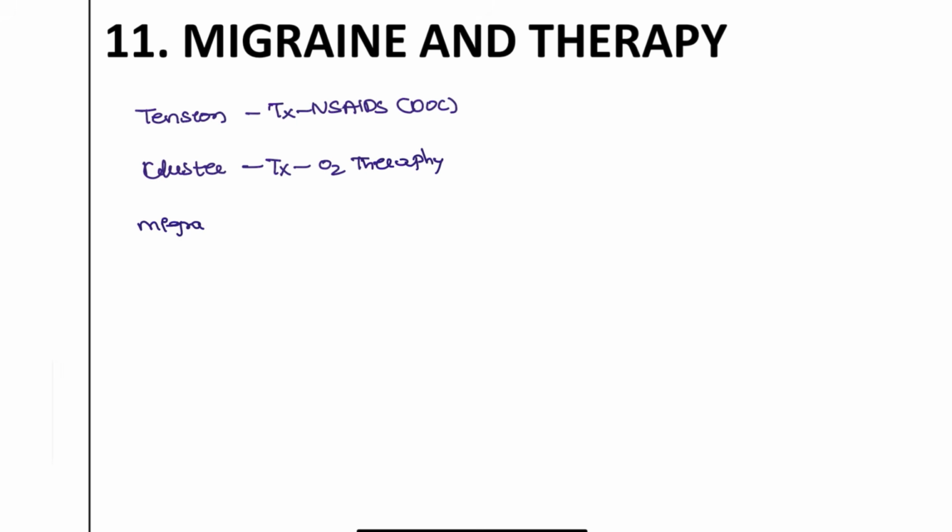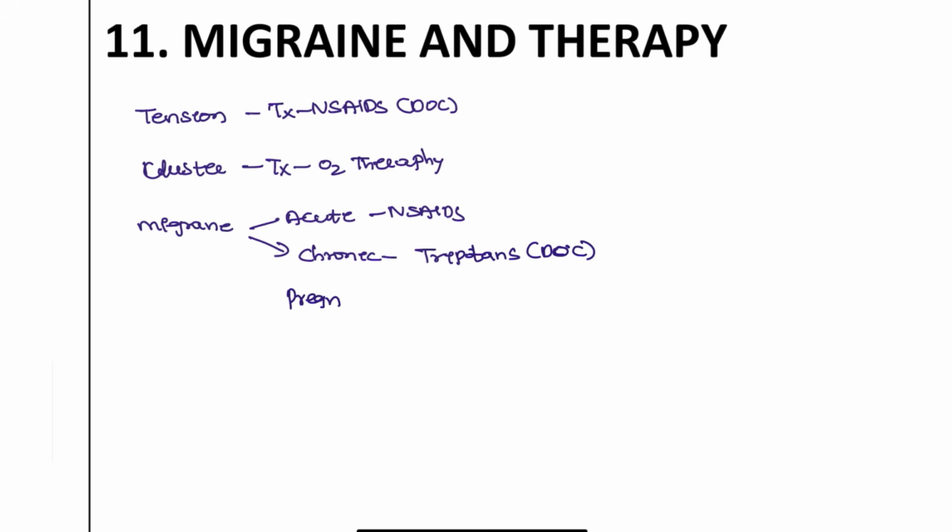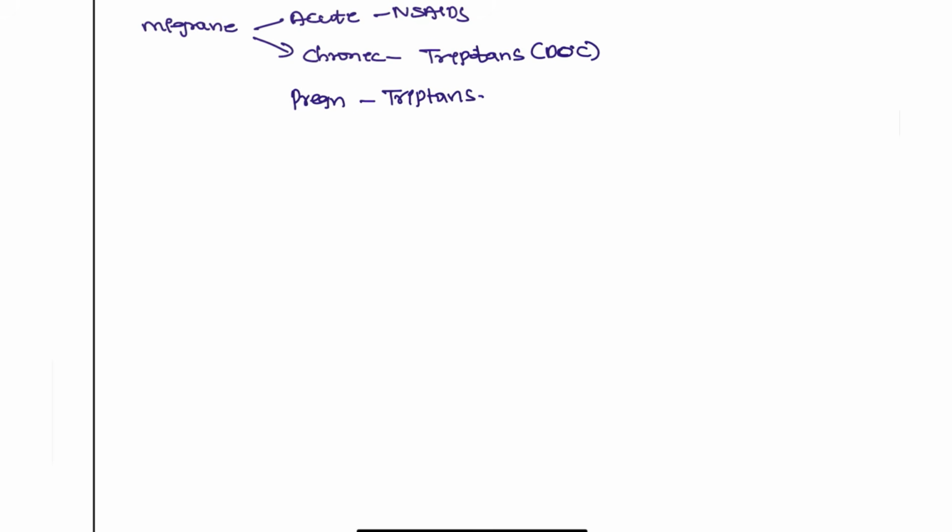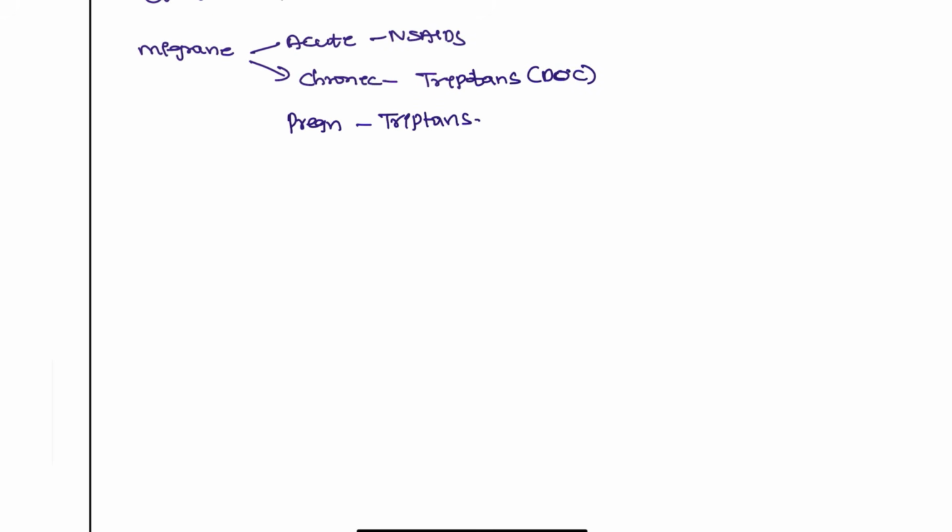For migraine, in the acute stage, when we don't know the diagnosis, we give NSAIDs. But if it is chronic and you diagnose properly, then the drug of choice is triptans. How about the pregnant patient? In pregnancy also, triptans are the drug of choice for migraine headache.